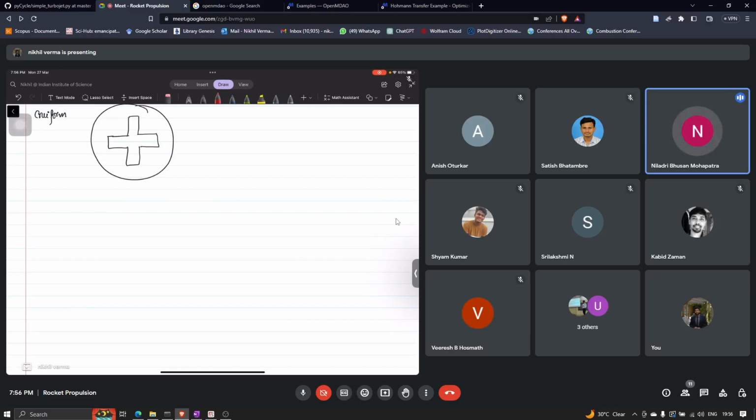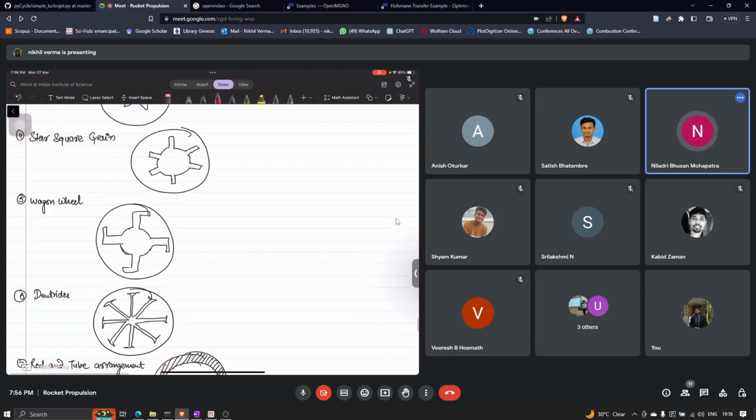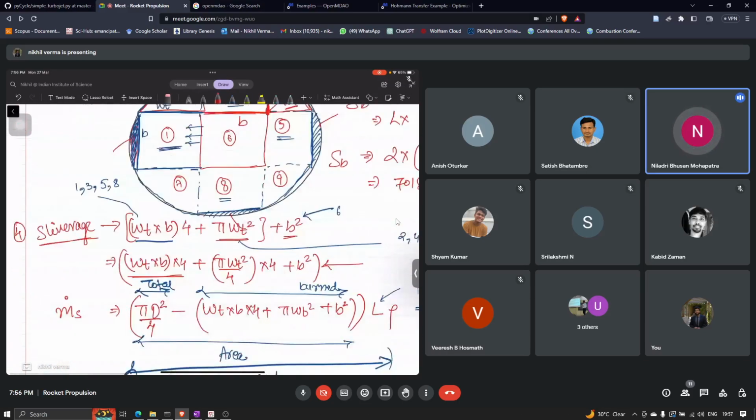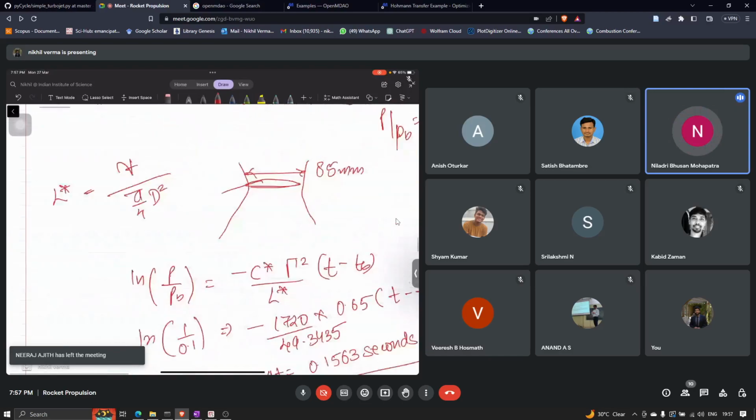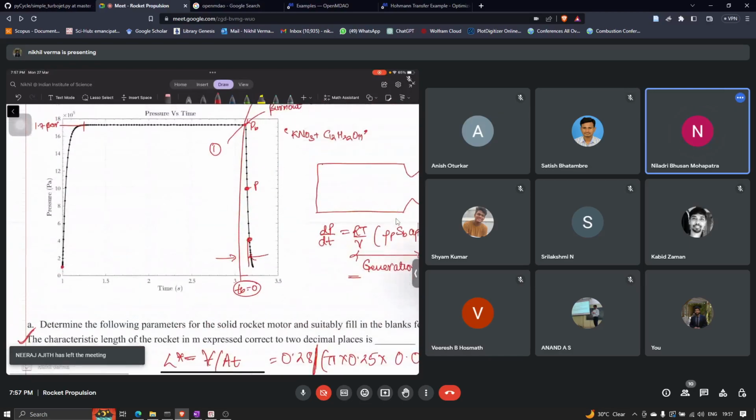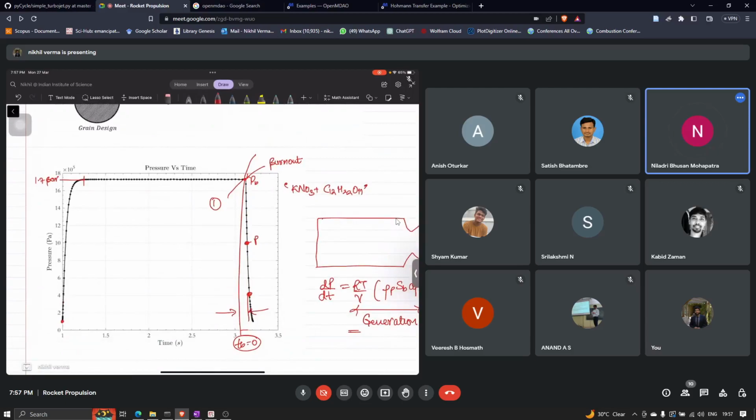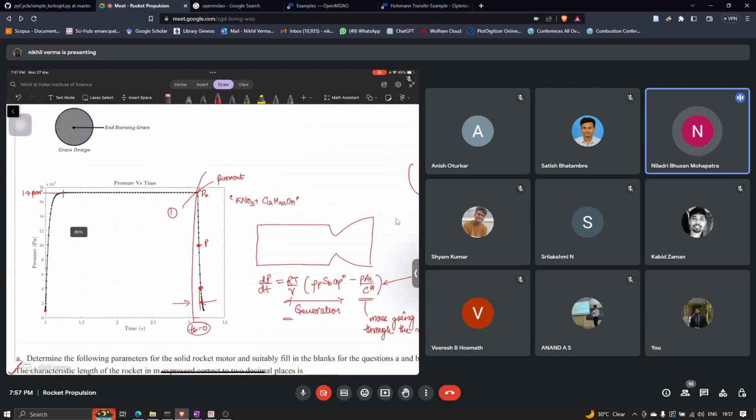Is it a limitation of the formula we derived, the 2 gamma squared by gamma minus 1 momentum term plus (PE minus PA) by PC into area ratio? Because my PE is less than PA and my PC is very low, I am getting a negative term. Is it the limitation, or is there any other way?